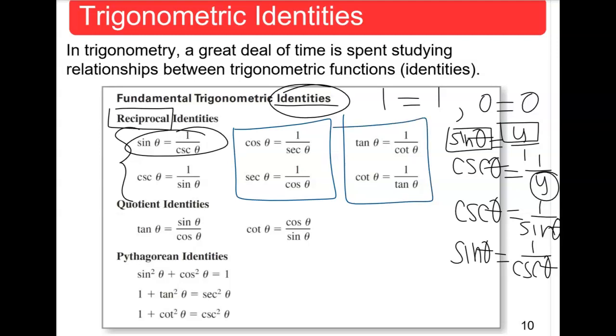Now for the quotient identities, the word quotient implies that there is a division happening, or a ratio. Tangent was defined as y over x in terms of the unit circle, or in terms of our triangles, we defined it as the opposite over the adjacent side.